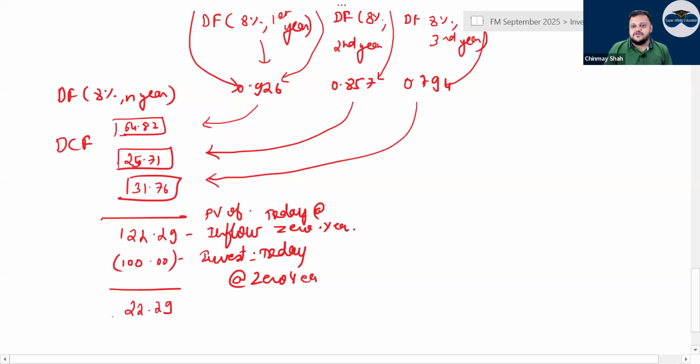Correct? Everybody okay with it? This is nothing but the net present value, as the name says, the present value of inflows today at 0 year.